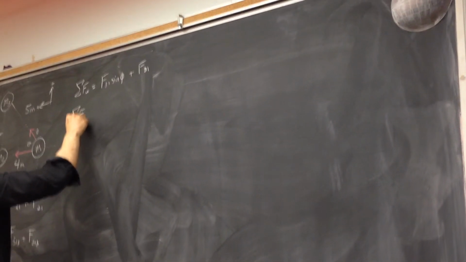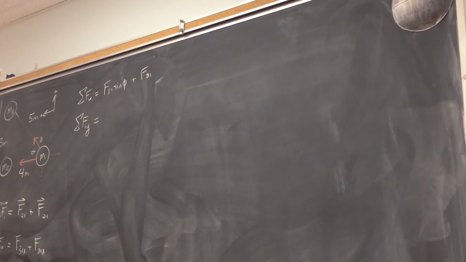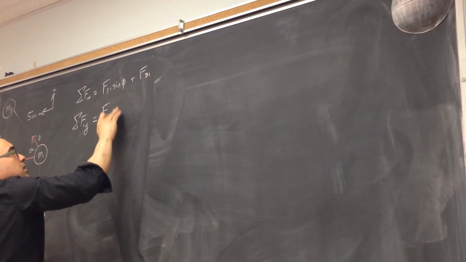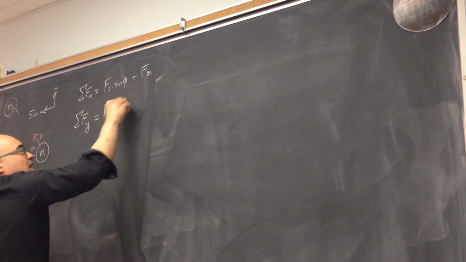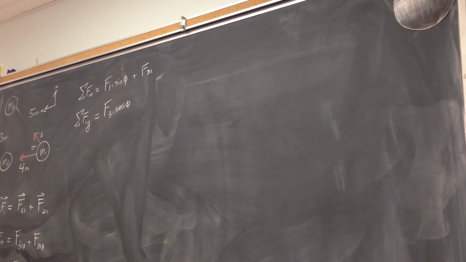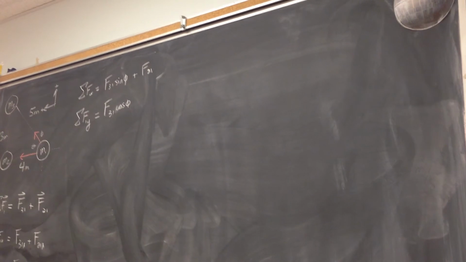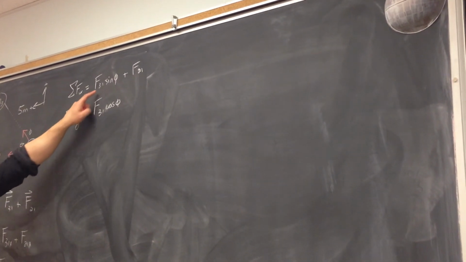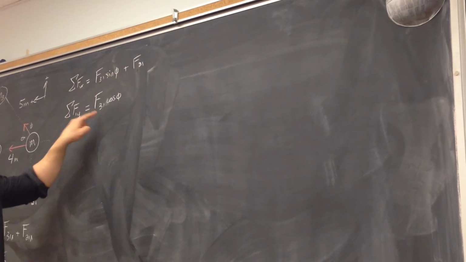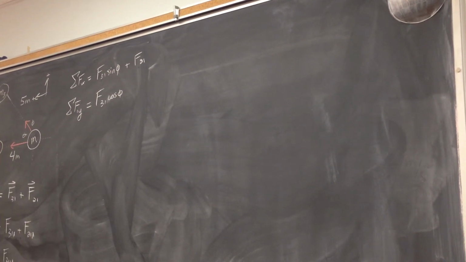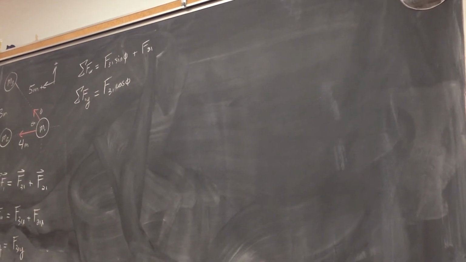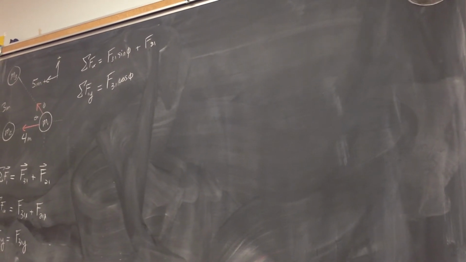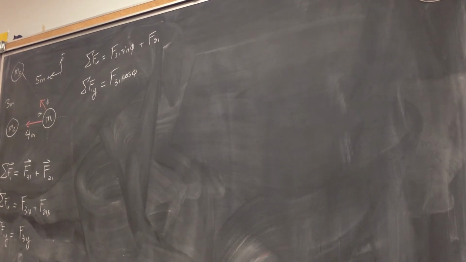And then for the y components, it's just F31y, which is F31 cosine of that angle. Okay, we don't need real numbers in here, but those are your equations, right? So you have to find these forces, F31 and F21. How do we find those forces if we know all the masses and the distances between the masses? How do we find them?